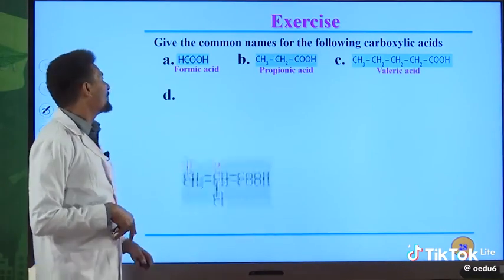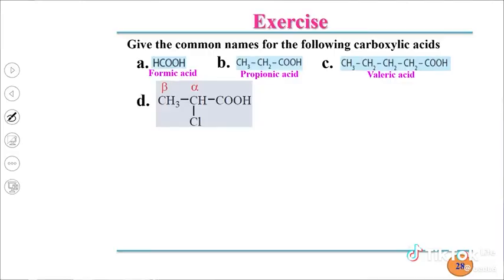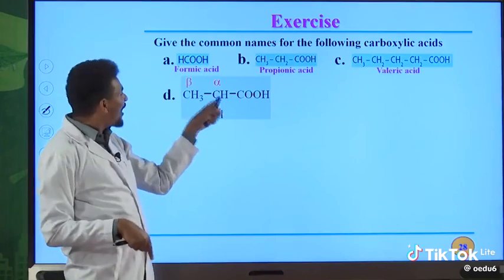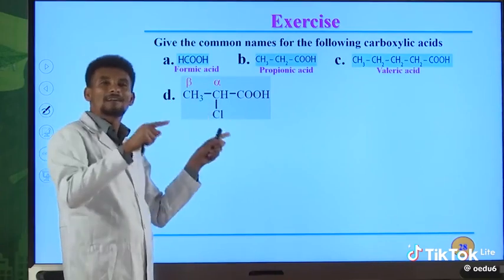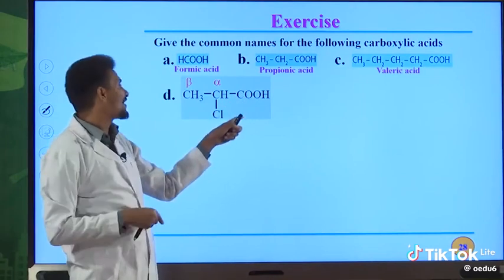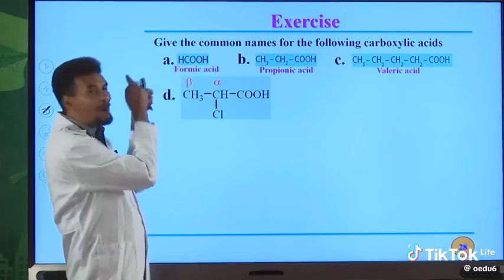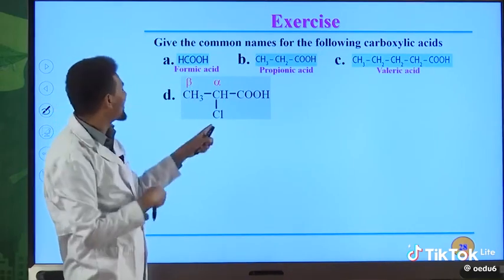The fourth example is this one. If you have substituents, you must indicate them by using Greek letters alpha, beta. Alpha is on the carbon directly bonded to the carboxyl group. So this is alpha position, this one is beta position, then gamma position. It continues just like that.